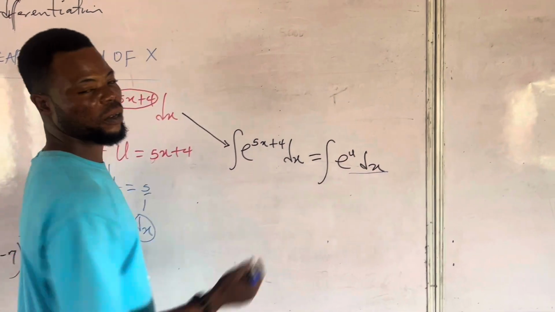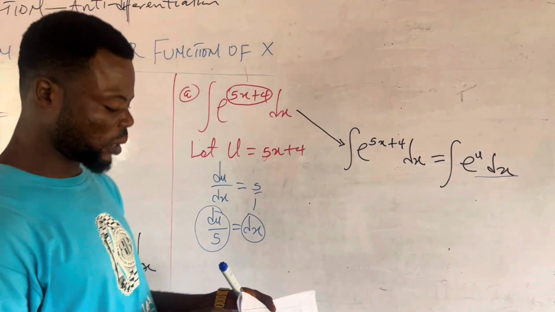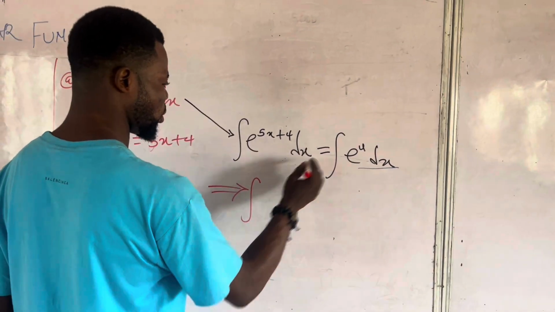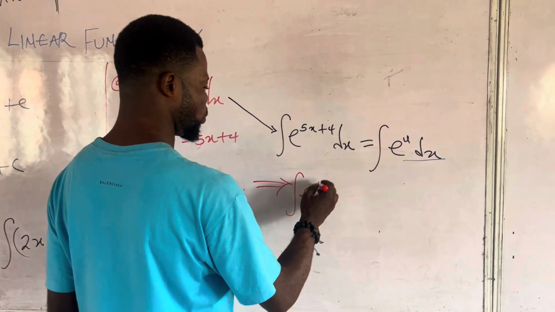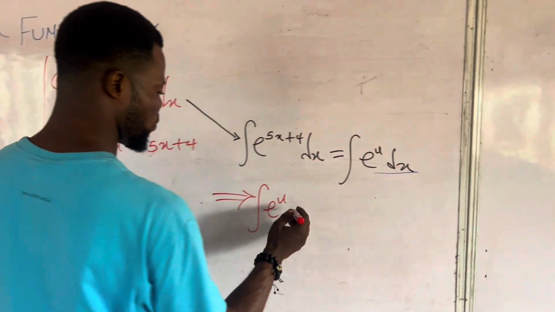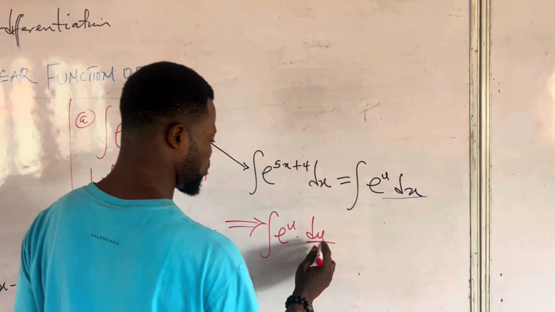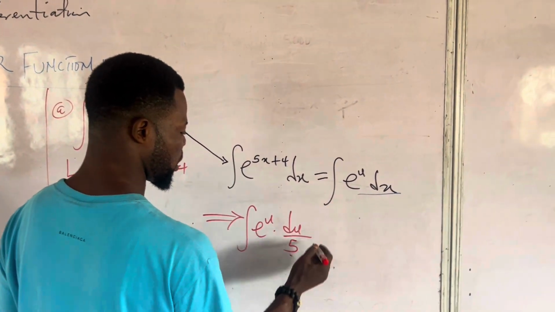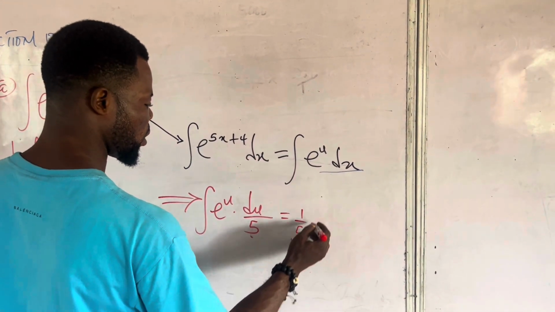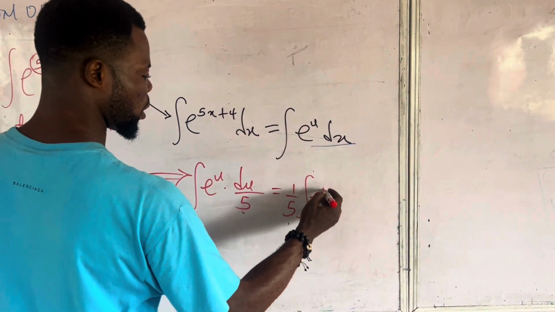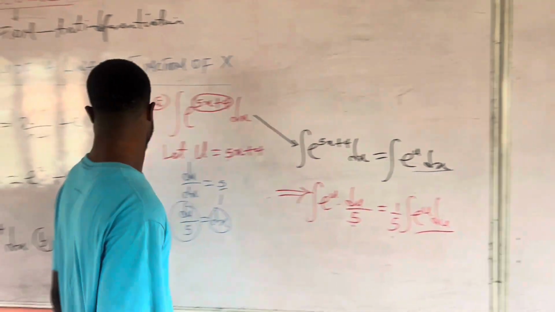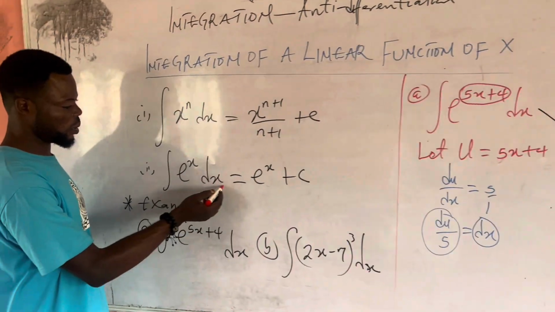So we have the integral of exponential u times du over 5, and you can take the 5 outside, which is 1 over 5 integral of exponential u with respect to u.